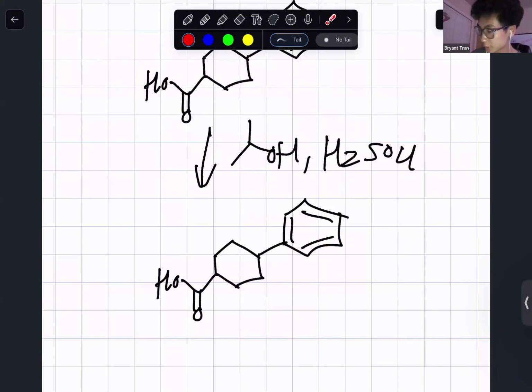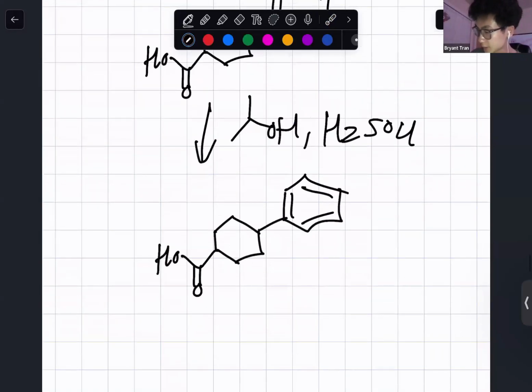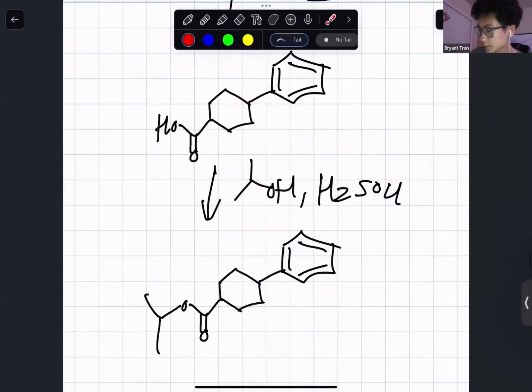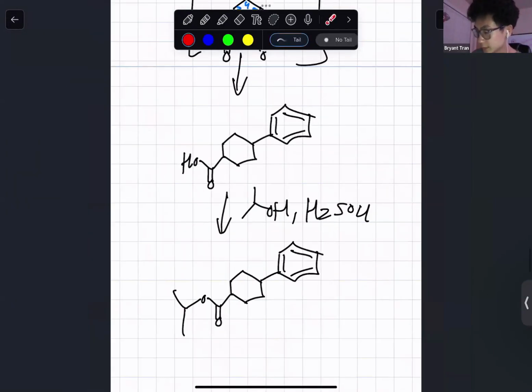That is going to convert the carboxylic acid into an ester. Fischer esterification, like that. Okay. And that is the final product there.